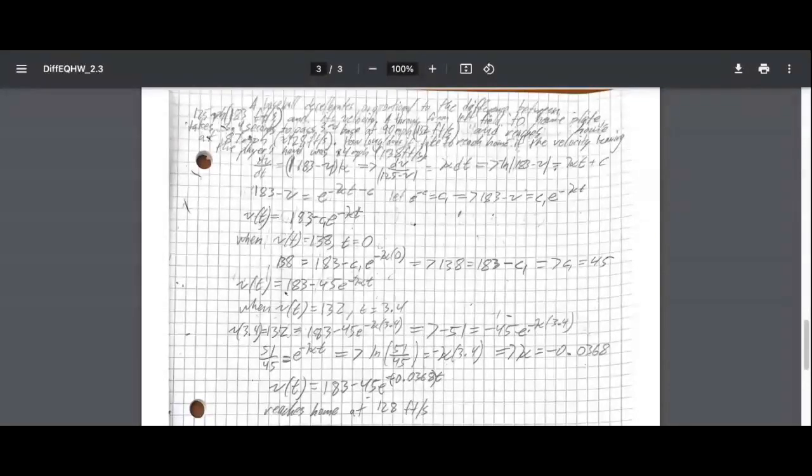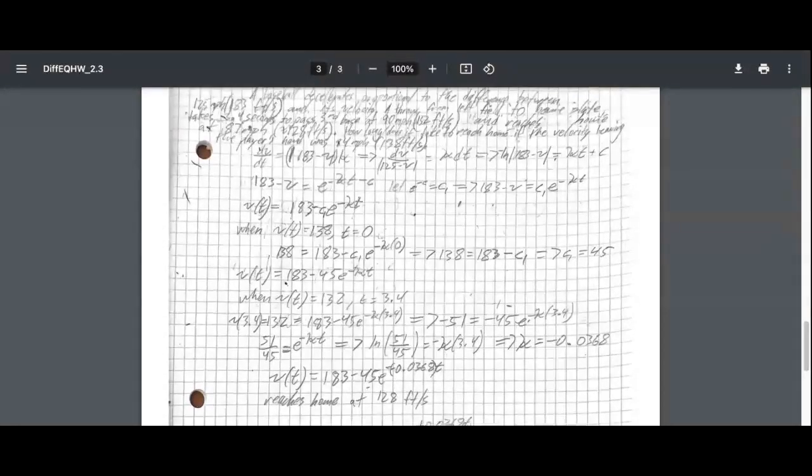And so we can get the formula for v of t by subtracting both sides by 183 and then multiplying by -1 to get rid of the negative in front of the v. And so we have v of t equals 183 minus c1 e to the negative kt. And so we have to go about finding our constants.